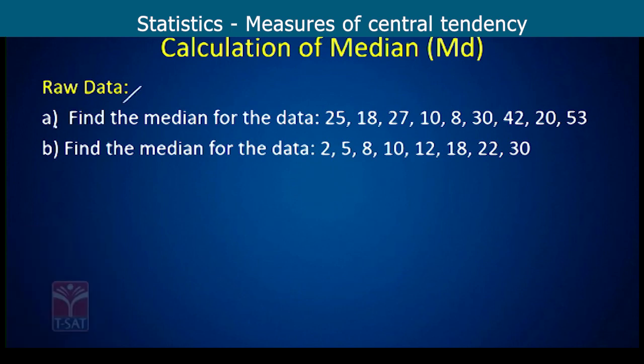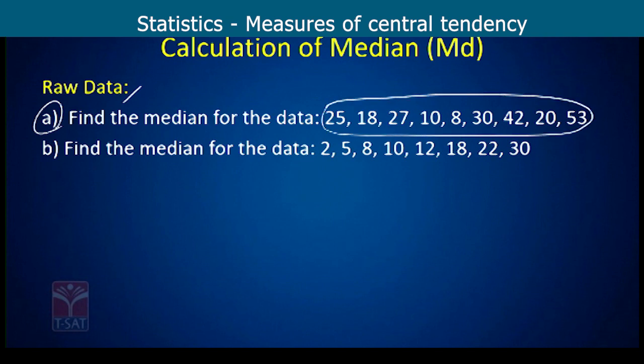First, check the first question. Find the median for the data 25, 18, 27, 10, 8, 30, 42, 20, 53. The definition itself says the median will divide the data into two equal halves. First we have to arrange the data into either ascending or descending order. I will go with ascending order.